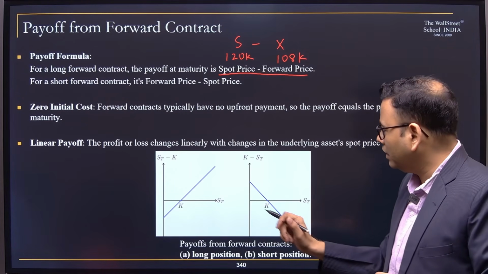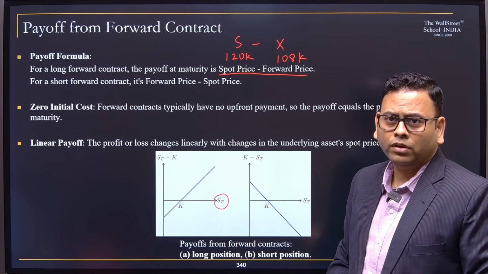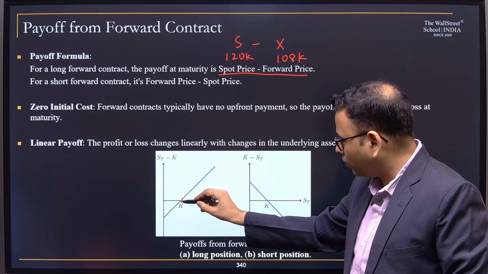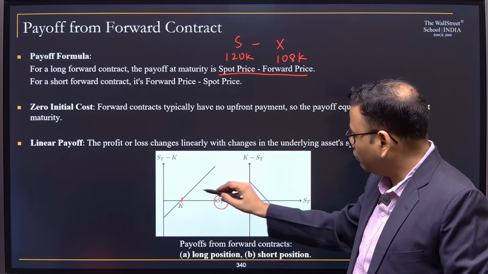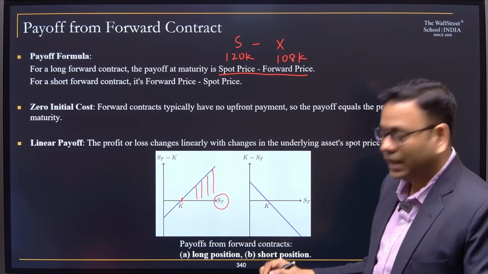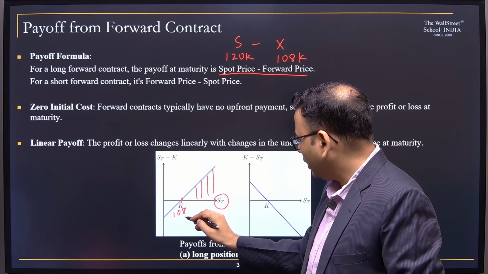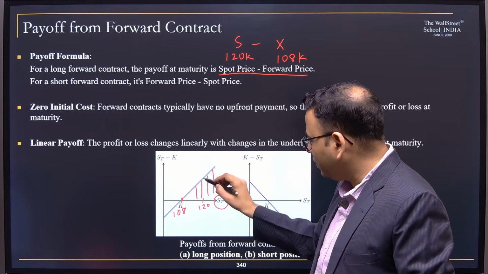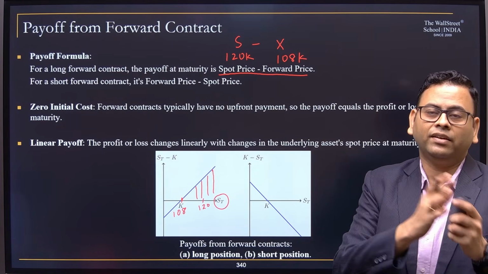As you can see here, as the spot price goes up, the person who had fixed the contract at X or K, that is my forward price, will gain. So, for example, if my contract price was 108K and the spot price goes to 120K, then I will be receiving this differential because I had fixed the price at 108K.